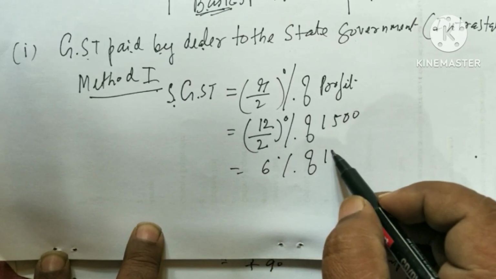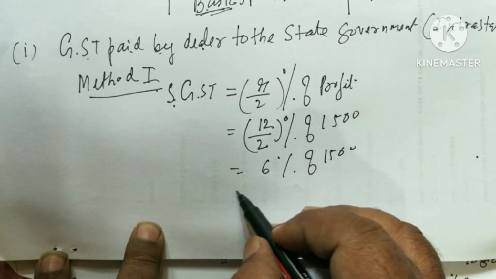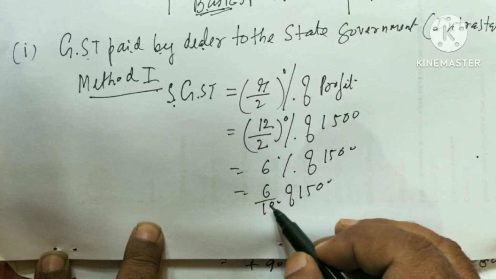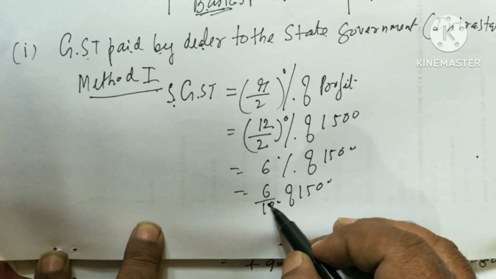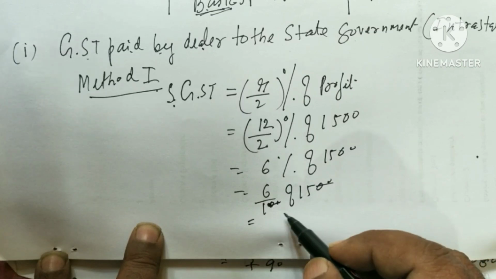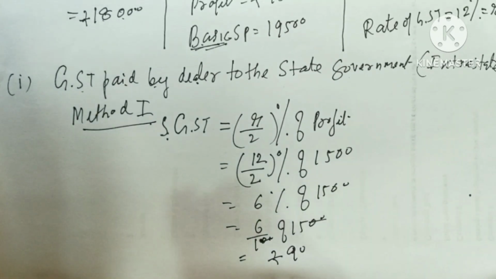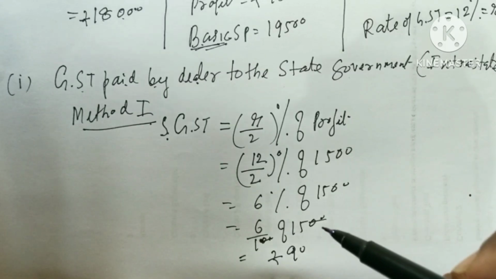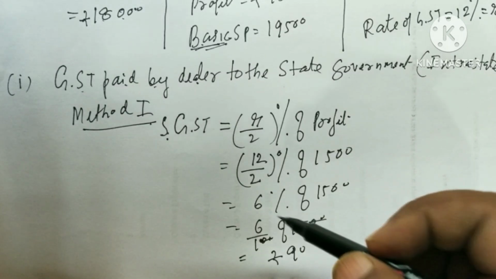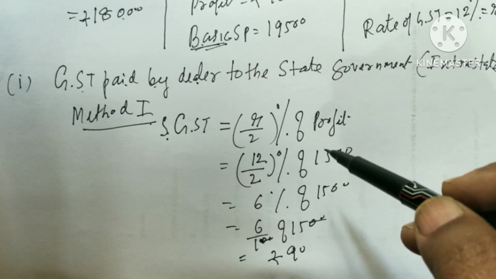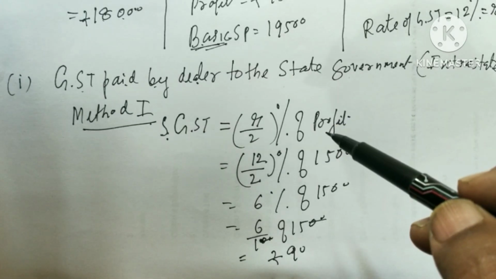It is 6% of 1500. It is rupees 90. It's a very short method. But this formula can be used if the rate of tax is the same while buying and while selling.